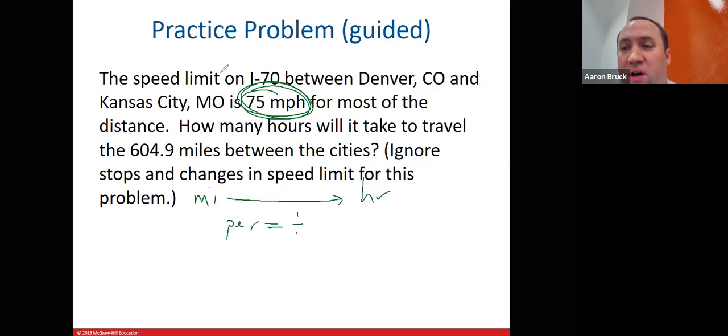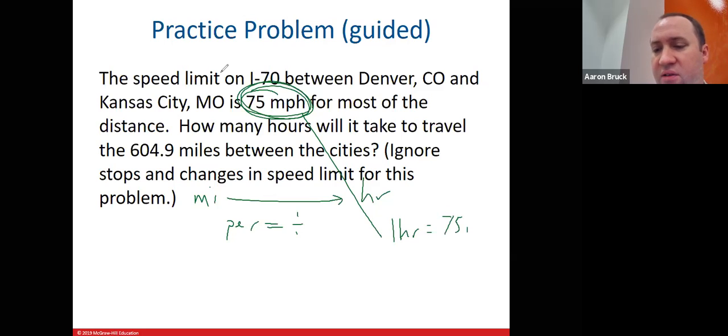Miles per hour indicates a rate of speed where I've got miles in the numerator and hours in the denominator. It's a division problem. Another way of thinking about this is that 1 hour's time is equivalent to 75 miles of travel distance.